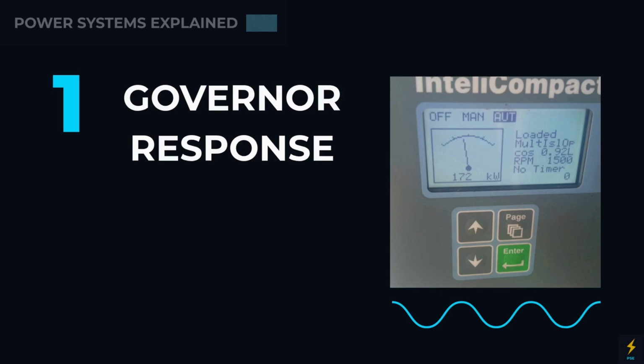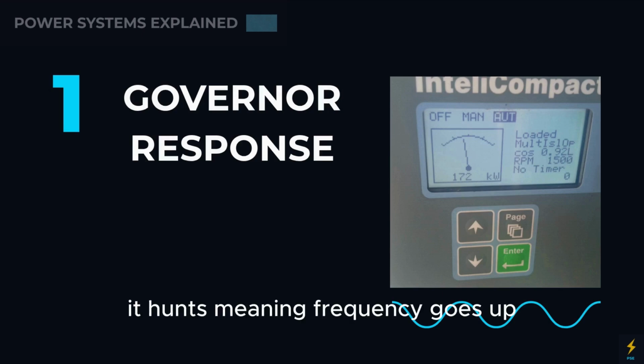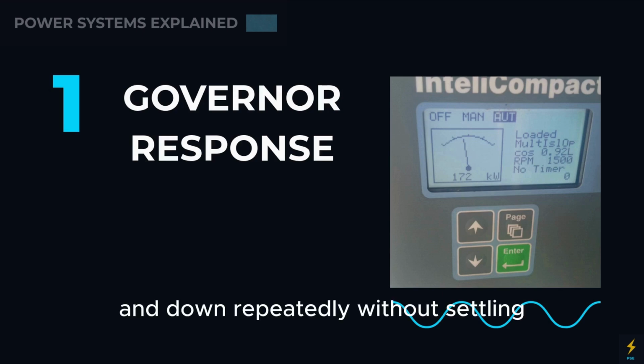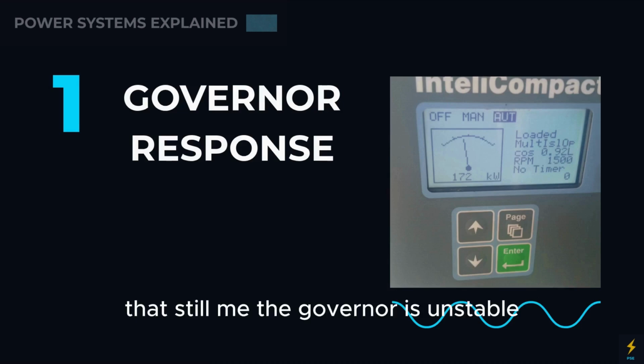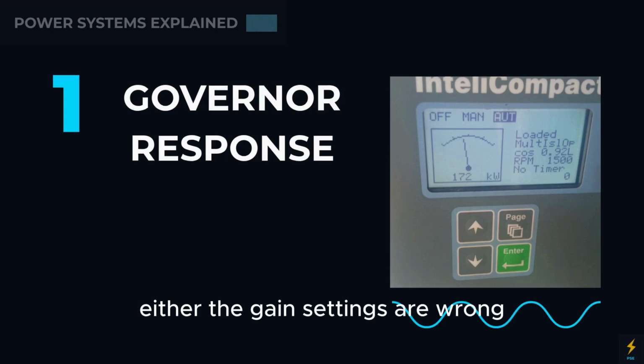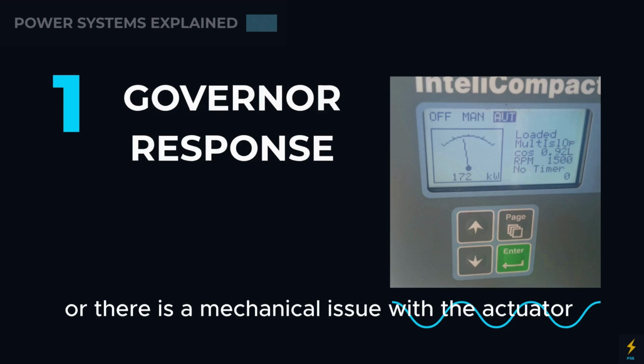If it hunts, meaning frequency goes up and down repeatedly without settling, that's telling me the governor is unstable. Either the gain settings are wrong or there is a mechanical issue with the actuator.